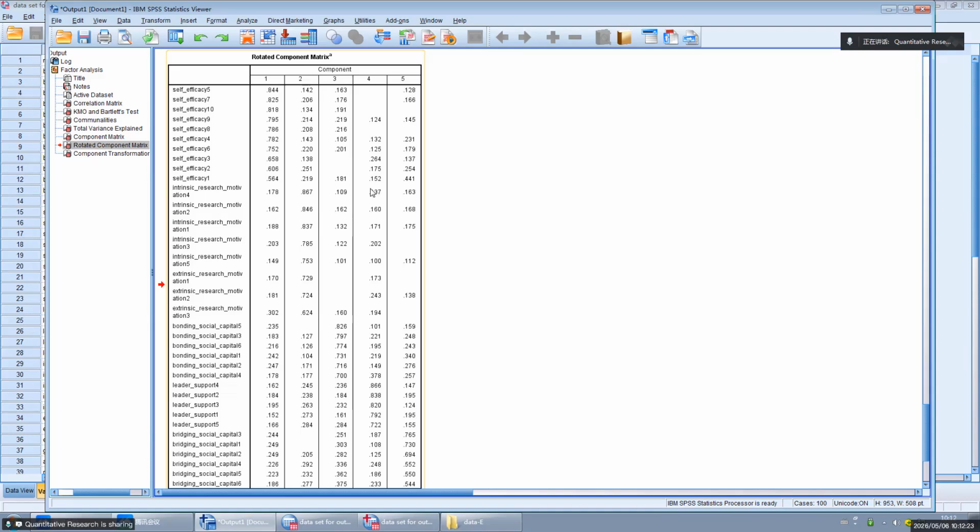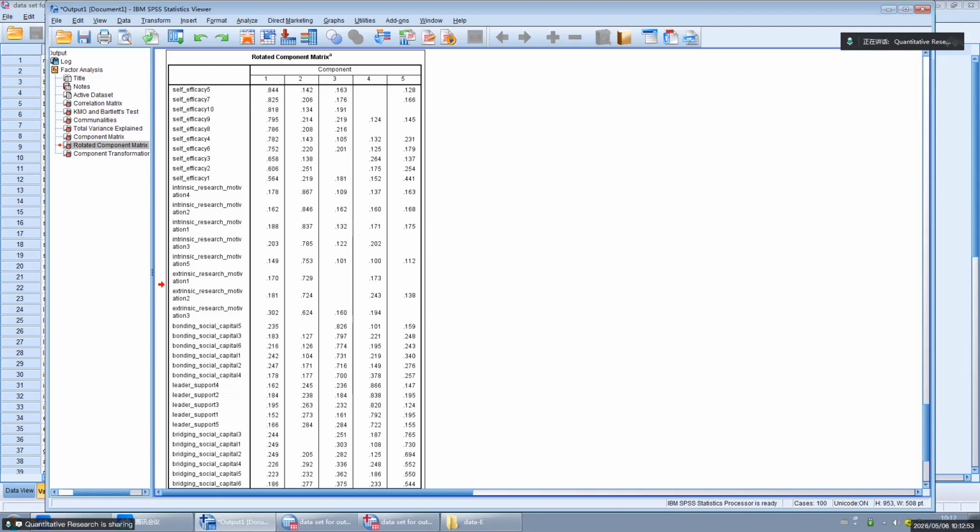They combine into 1 factor. For others, the items of bonding go to the third factor. Leadership goes to the fourth factor. And the items of bridging go to the fifth factor.